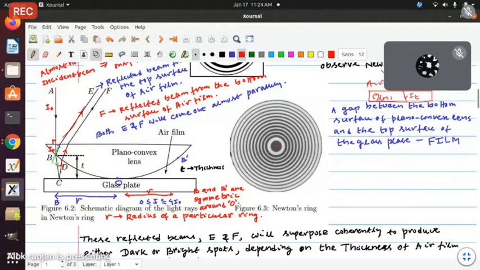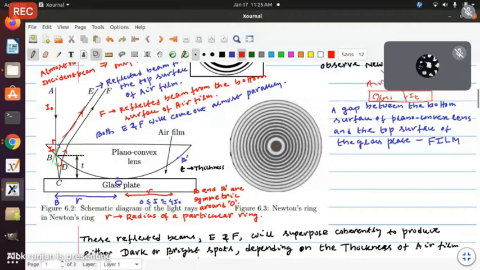So therefore, instead of saying that the beam E is due to the reflection from the bottom surface of the plano-convex lens, you can say it is the reflected beam from the top surface of the air film, and F is due to the reflected beam from the bottom surface of the air film. Okay, so that I have written down.